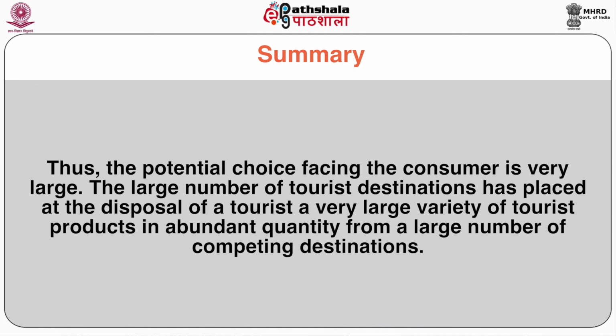The large number of tourist destinations has placed at the disposal of a tourist a very large variety of tourist products in abundant quantity from a large number of competing destinations. The characteristics of tourism products are perishability, heterogeneity, lack of ownership, dominant role of intermediaries, intangibility, inseparability, and seasonality.